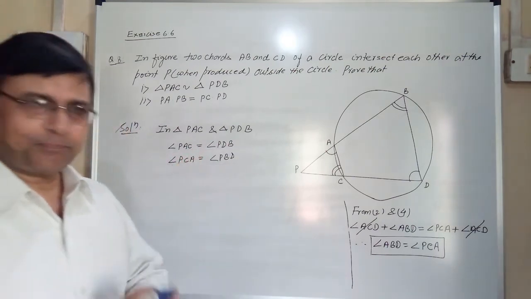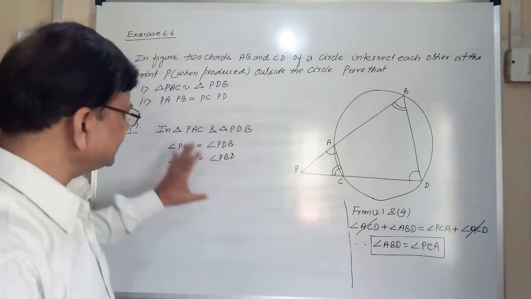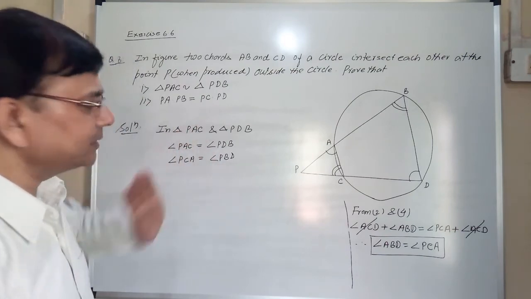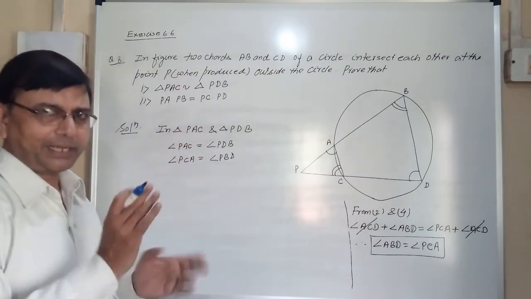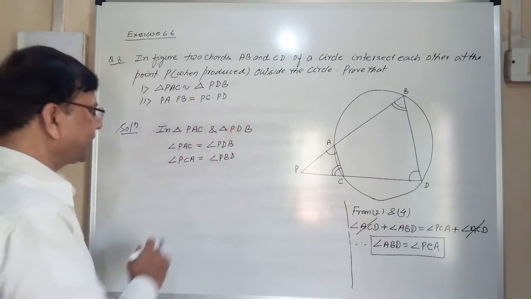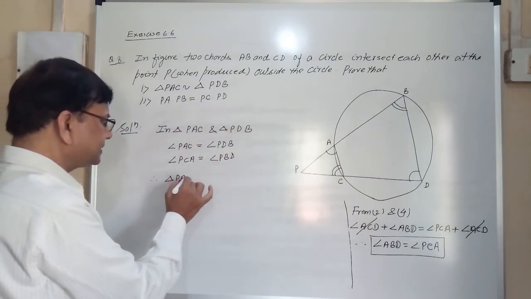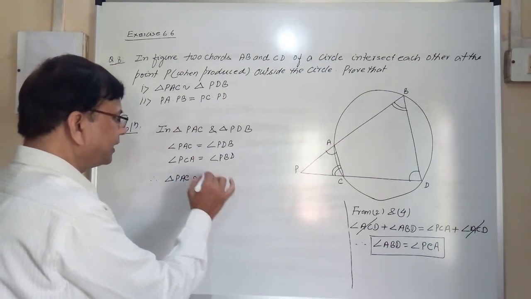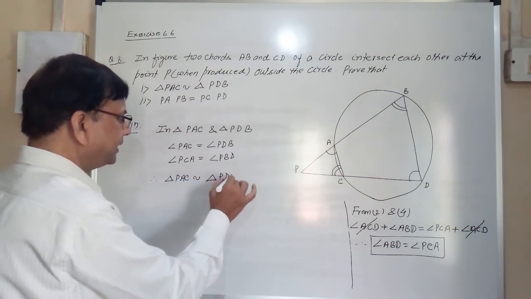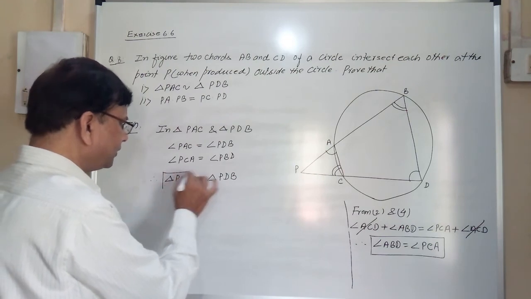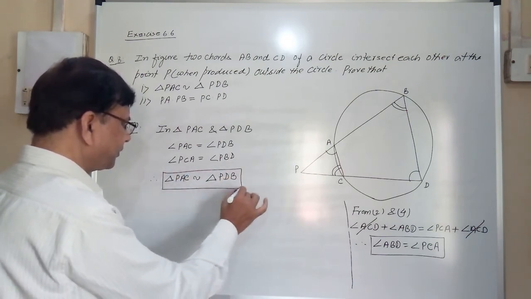This relation we have already proved. Since in these two triangles two corresponding angles are equal, these two triangles will be similar. Therefore triangle PAC is similar to triangle PDB. So the first part is proved.